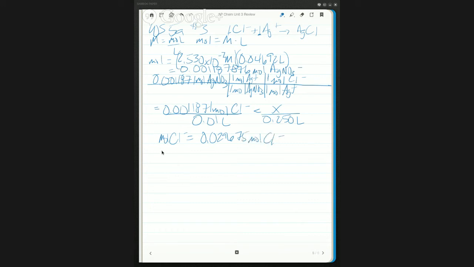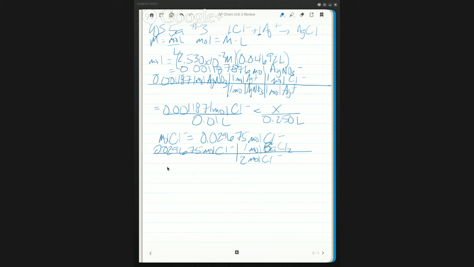Now, once we have that, we want to go back and see how many moles of barium chloride that was. So 0.029675 moles of chloride. Draw a bridge here. For every 2 moles of chlorine, we have 1 mole of barium chloride, BaCl2.